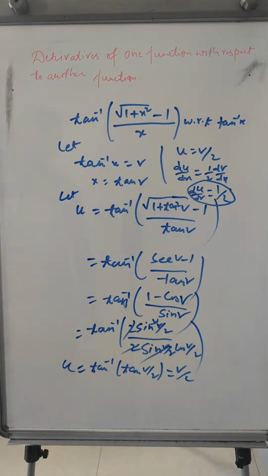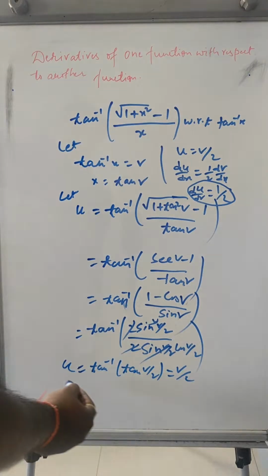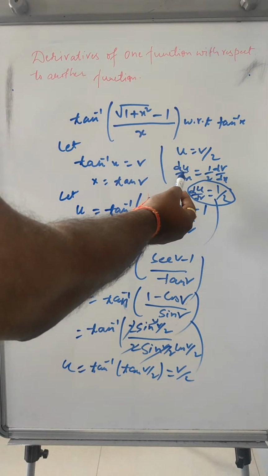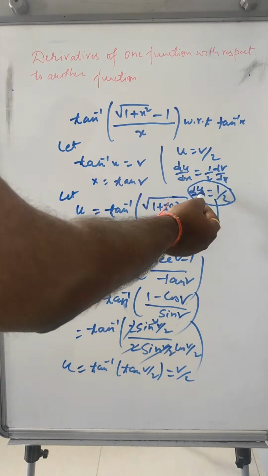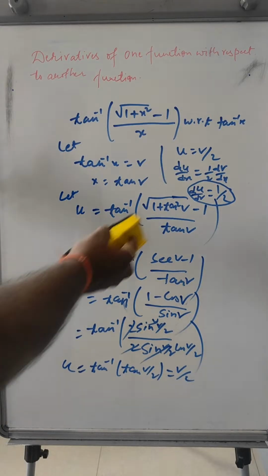Got it? Right. So u is equal to v by 2. Now we will differentiate with respect to x, then du by dx is half dv by dx. Then du by dv is equal to half. Got it? So this is one of the problems which came in the CBSE board exam in class 12th. Okay, so try to remember, try to focus more. Okay, now we'll do another problem.